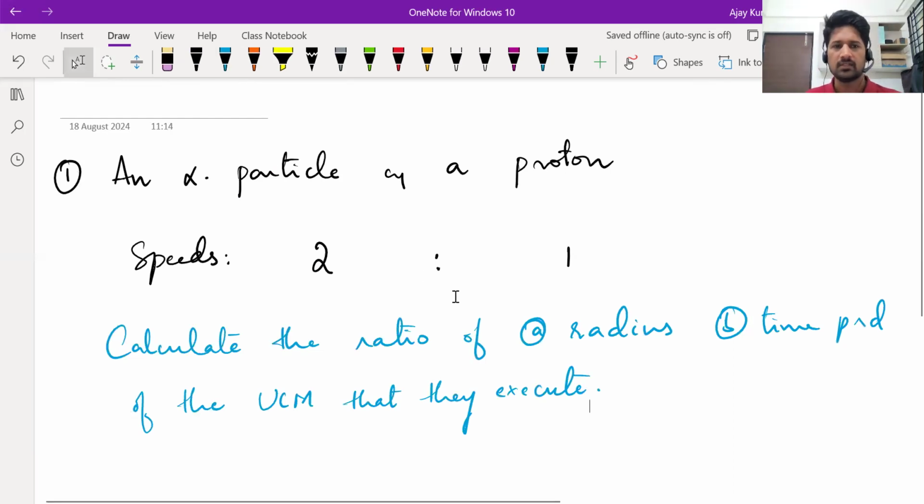Okay, try this all of you. They enter into the same magnetic field. So the magnetic field is the same in both cases, and they enter into it perpendicular to the magnetic field. And we know when a charge moves in a magnetic field perpendicular to it, it executes uniform circular motion. So derive the ratio of the radius of that circular path and the time period of that circular motion.